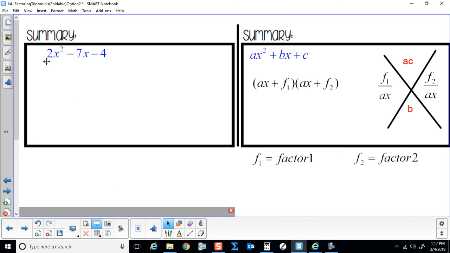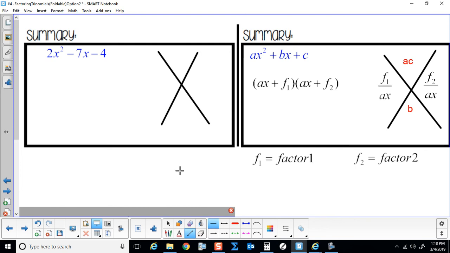So here we have, let's work one together, 2x squared minus 7x minus 4. The first thing is we draw an x, because we're using the x method. Then we're going to take a times c. So 2 times negative 4 is negative 8.